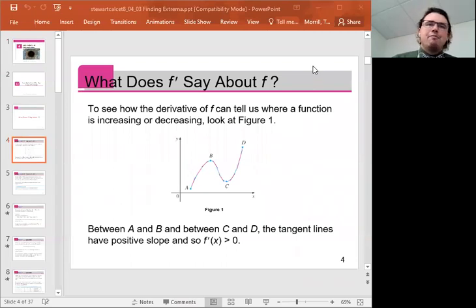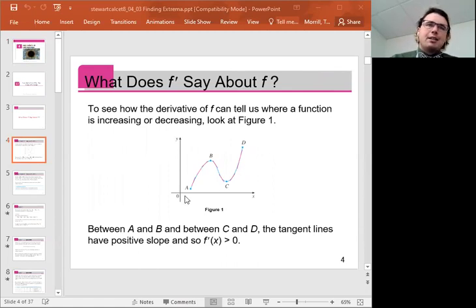Here I have some curve, and it is a function because it passes the vertical line test, but I have not been given a formula for this function. We can still make some useful observations here based off the picture of the graph.